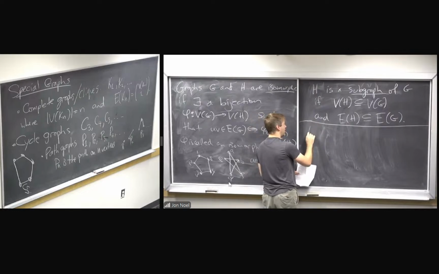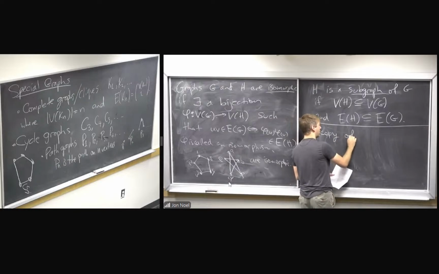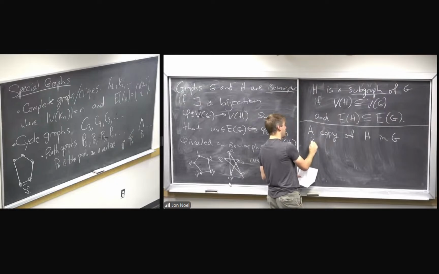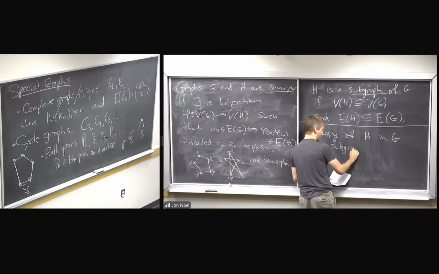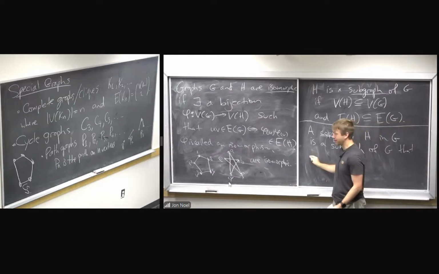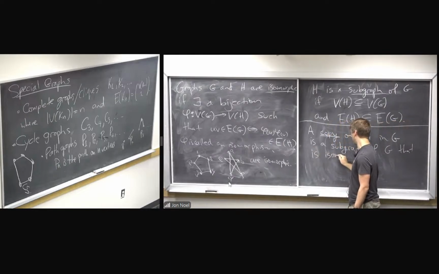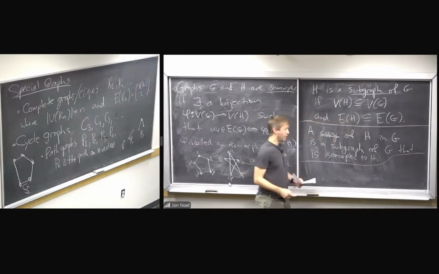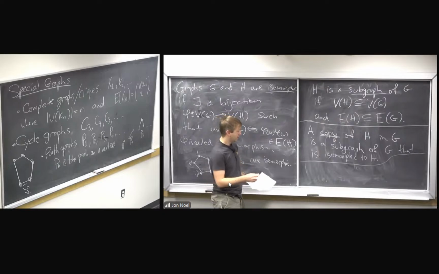So a copy of H in G, so these are two graphs, is a subgraph of G that is isomorphic to H. So these are maybe things that you would guess these words mean, but here's a question.